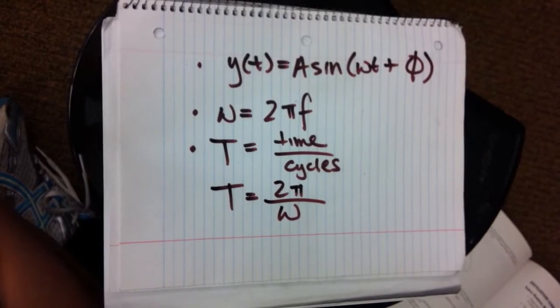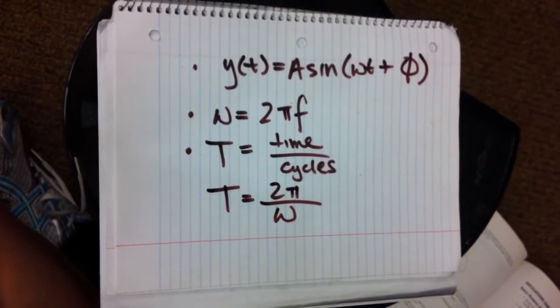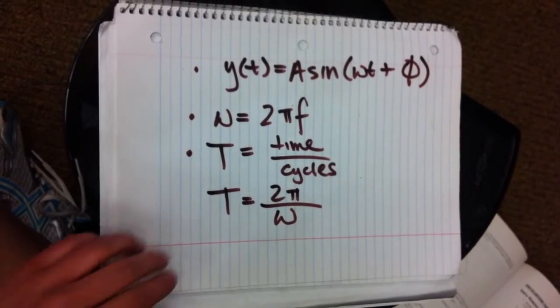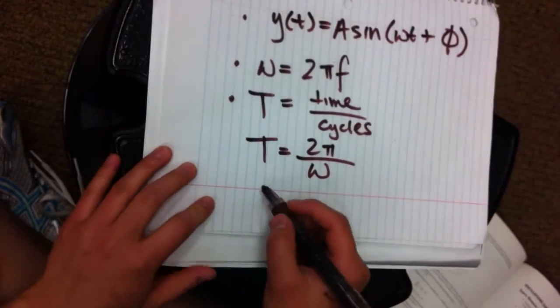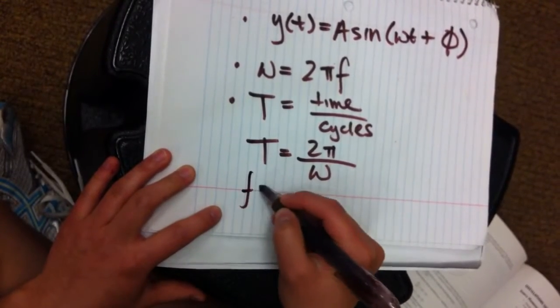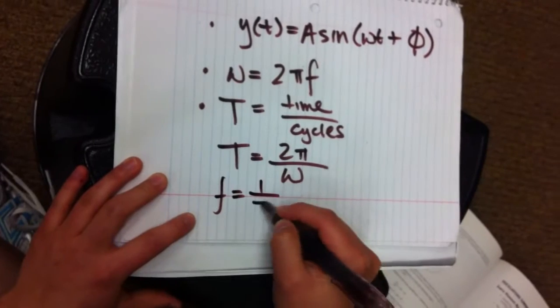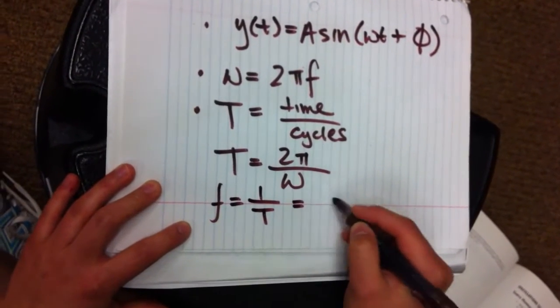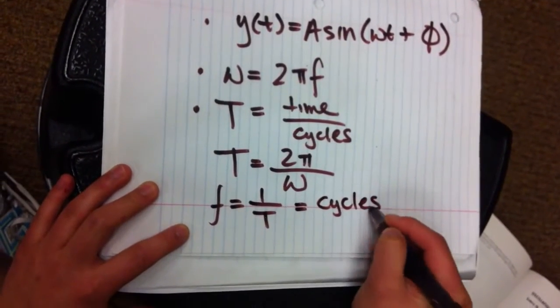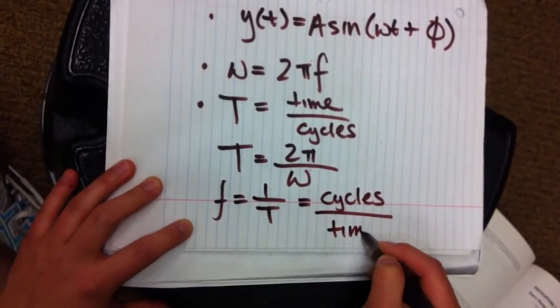And frequency is the number of cycles that the object you're looking at completes in one unit of time. So then we have f equals 1 over T, or cycles over time.